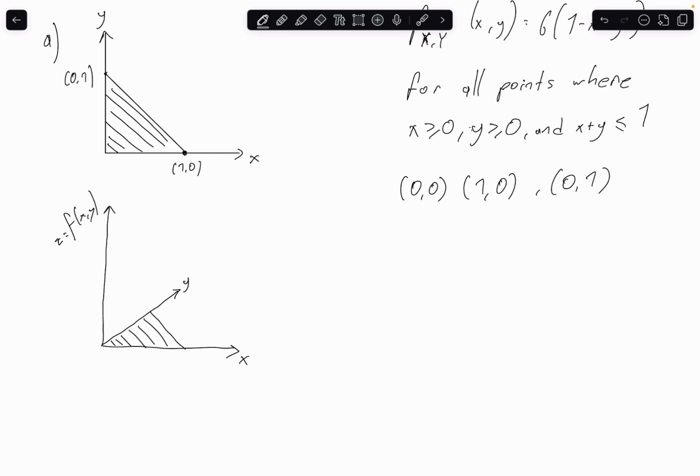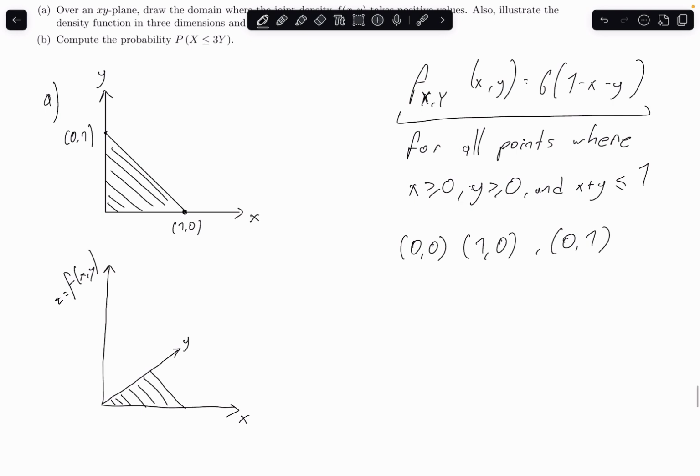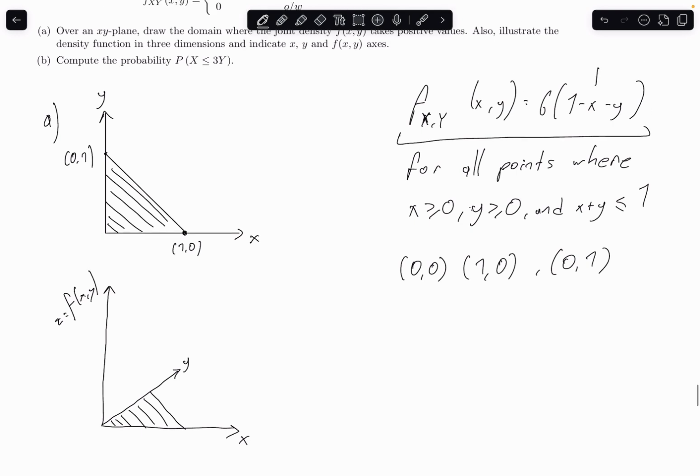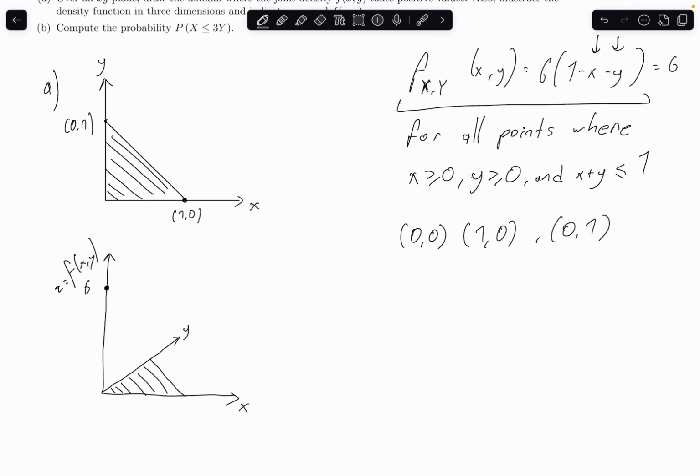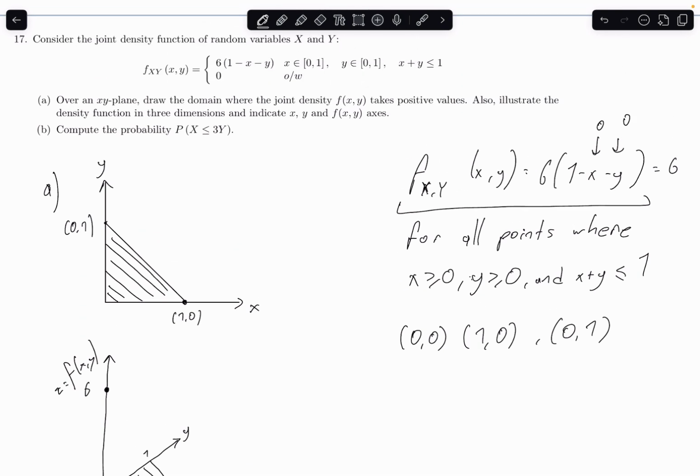So when you check this function, when x and y are 0, it will be equal to 6. So we need to point this out in here. And when y is 1 and x is 1, either when x is 1 or y is 1, the function will be equal to 0.